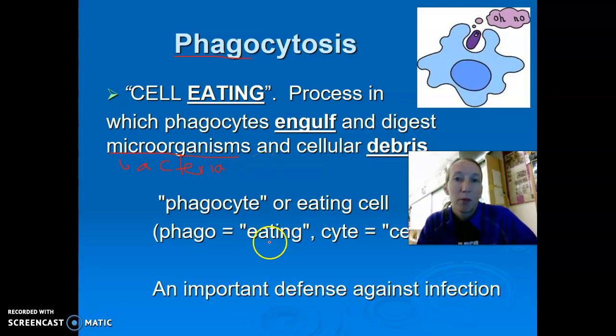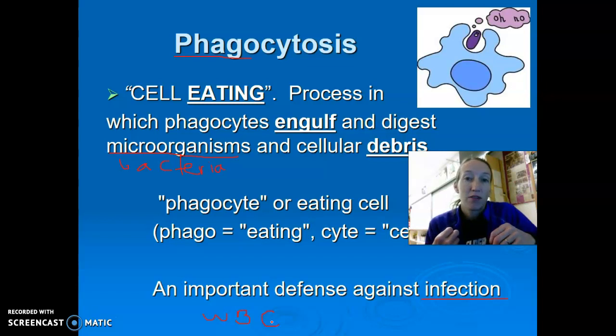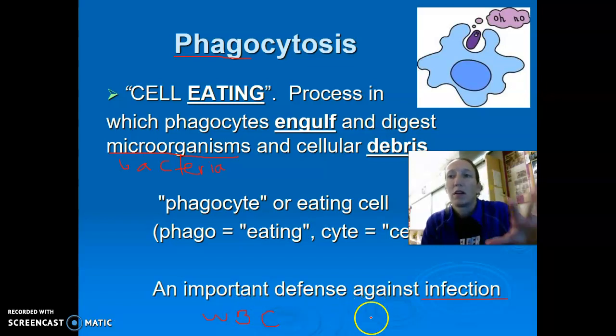Now this is a really, really important defense mechanism when it comes to fighting off infection. So if you have a white blood cell and it wants to kill a bacteria, it'll just go and wrap its body around it, bring it in. Then there are organelles called lysosomes, and they'll chop it up into little pieces. It'll keep whatever it could use to benefit it, and then it boots everything else out. And then that's what your kidneys and your liver help filter out and flush out of your body. So it's kind of really cool how it all connects together.